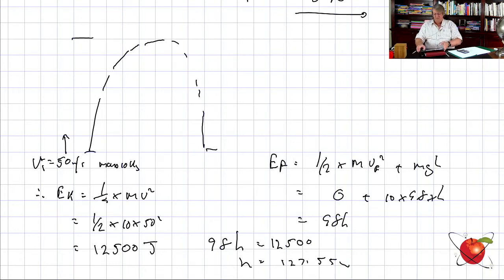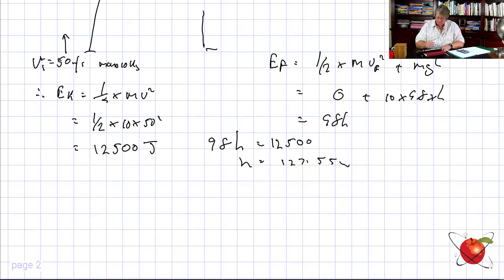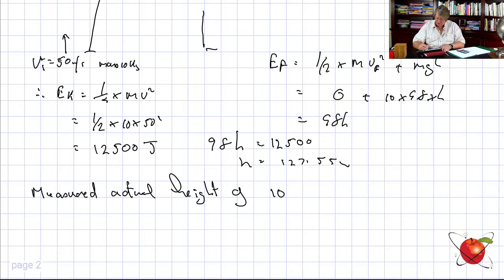Right? Now, what if we actually measured an actual height of 100 meters? What happened?